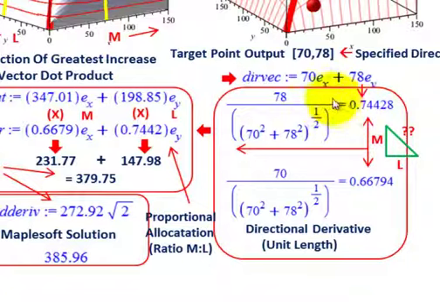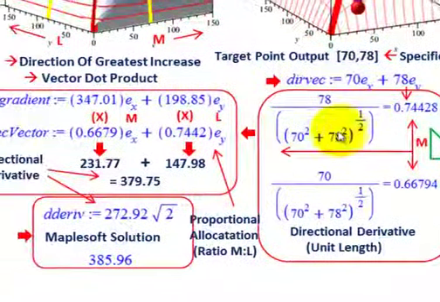That ratio gives you 0.74428 for our labor. Do the same thing for material: take your 70 units and 78 units, square them, add them together, take the square root, and divide it into the 70 units for material, and you come up with, I think, 0.66794. So we have to convert our directional derivative to a unit length, and that is the key.